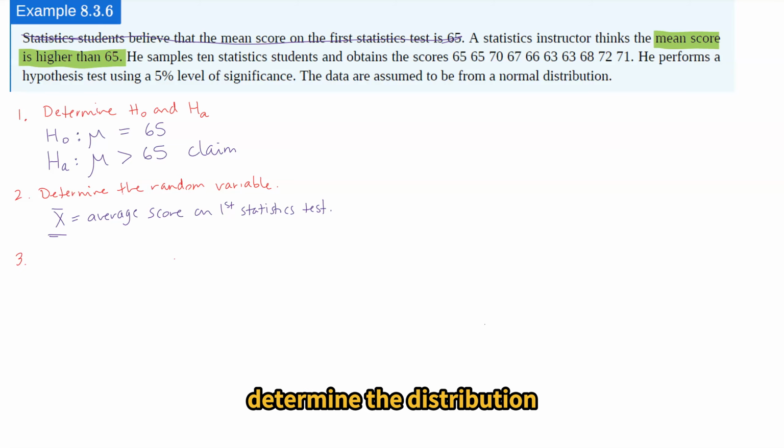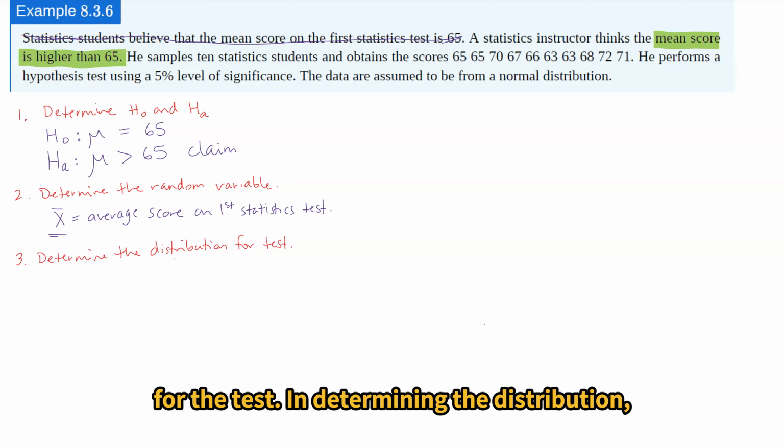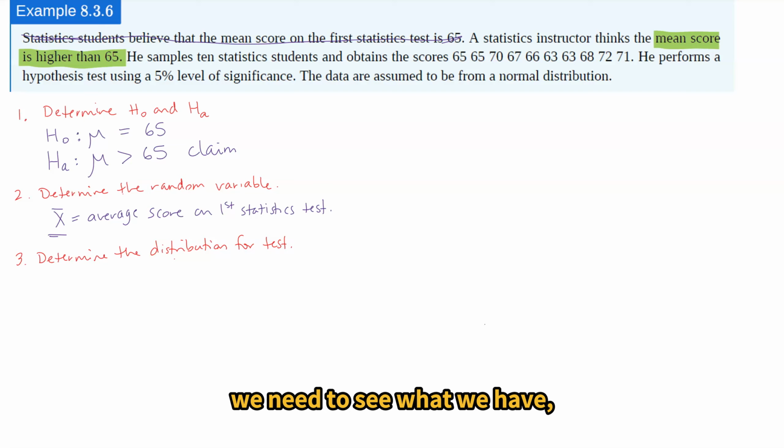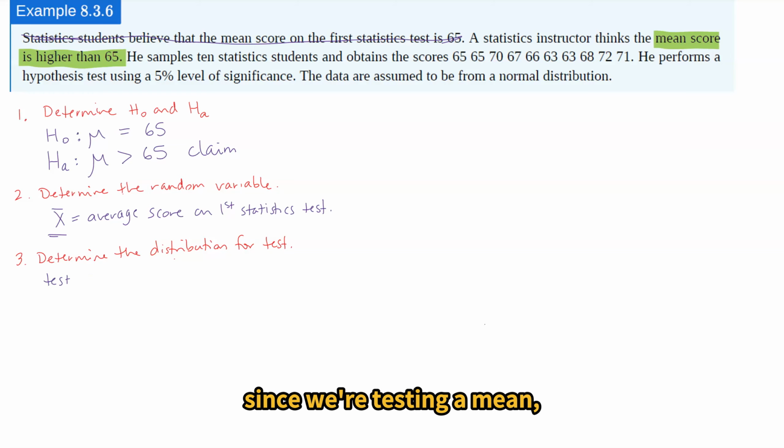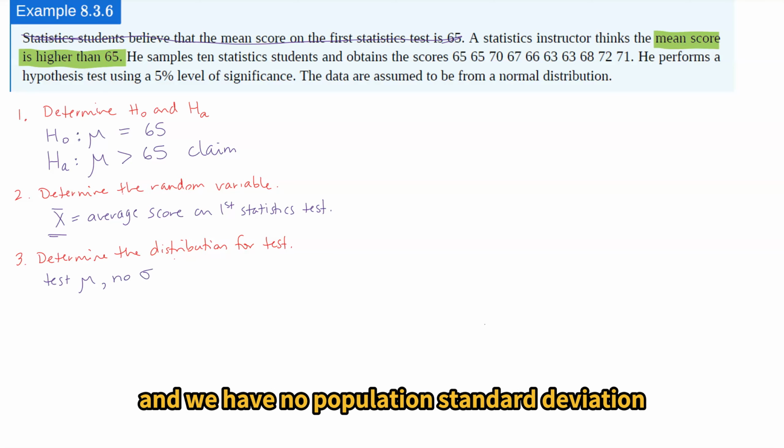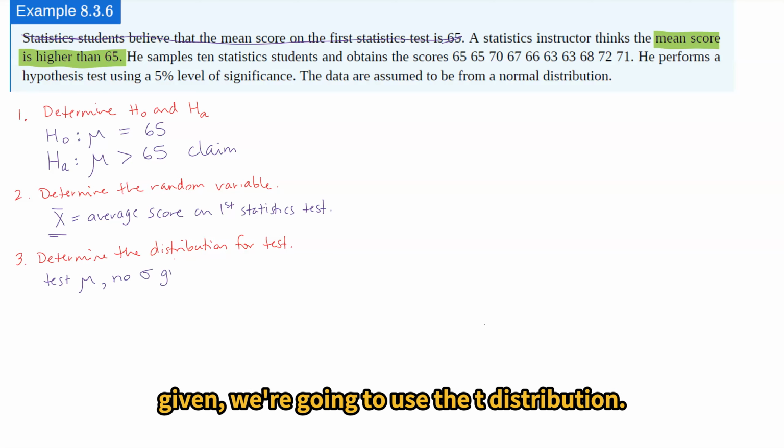For step 3, determine the distribution for the test. In determining the distribution, we need to see what we have, what we are given, and what we can find based on the information. Since we're testing a mean and we have no population standard deviation given, we're going to use the t-distribution.